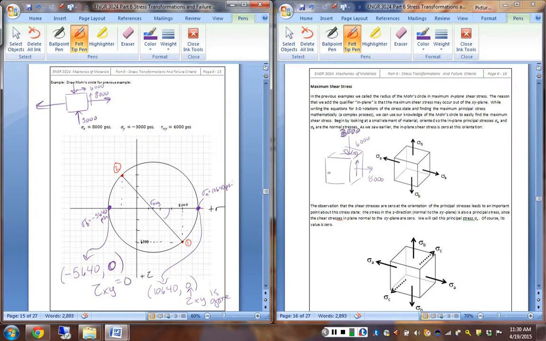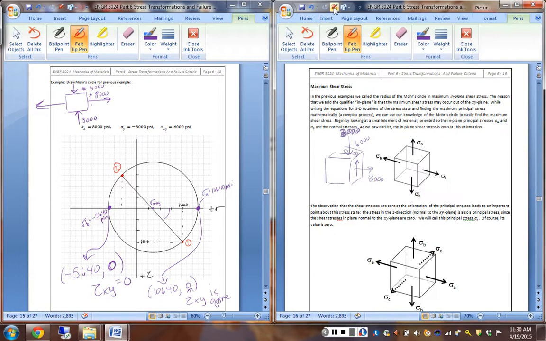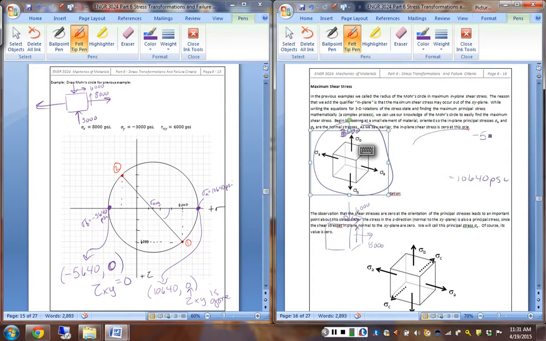So if we transform our arbitrary stress state, that in this case is the example here, we do our stress transformation and we find the location at which our sigma A equals 10.64, and our sigma B equals minus 5.64 in this example.